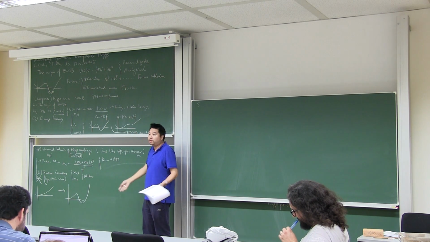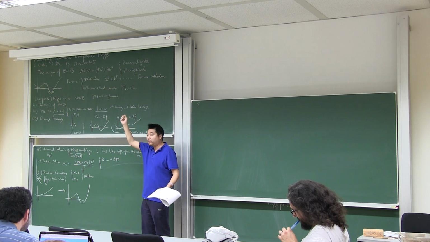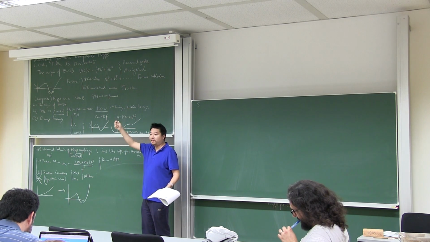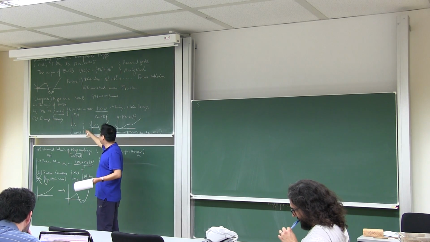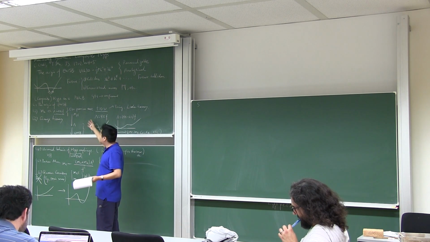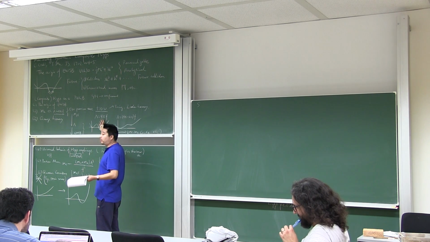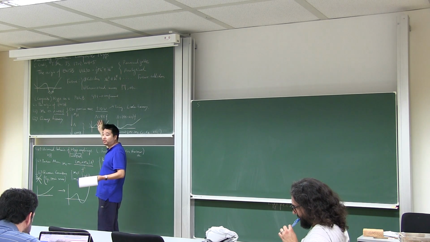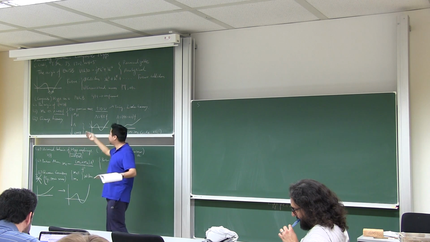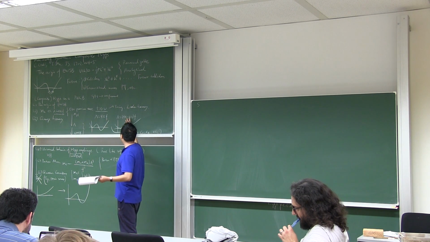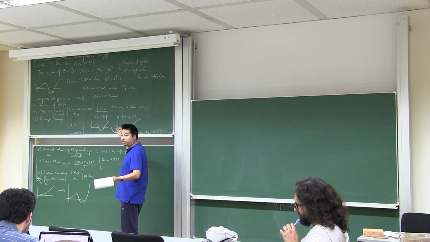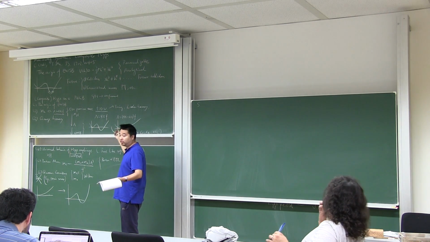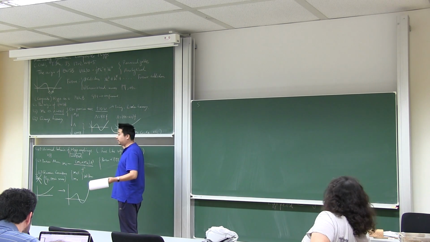Probably you say, I don't care about fine-tuning, even a single point in my model works, then I don't care. But as I emphasized, if your potential is super UV sensitive, the cutoff is not something that you can really predict. It's just roughly 4 pi f. By changing this 4 pi f to 4 pi minus 0.1 f, the shape of the potential completely changes. You lose your theory of the IR prediction.